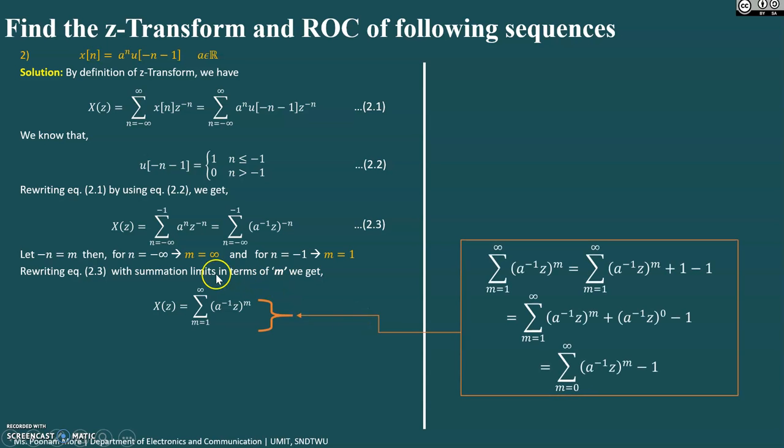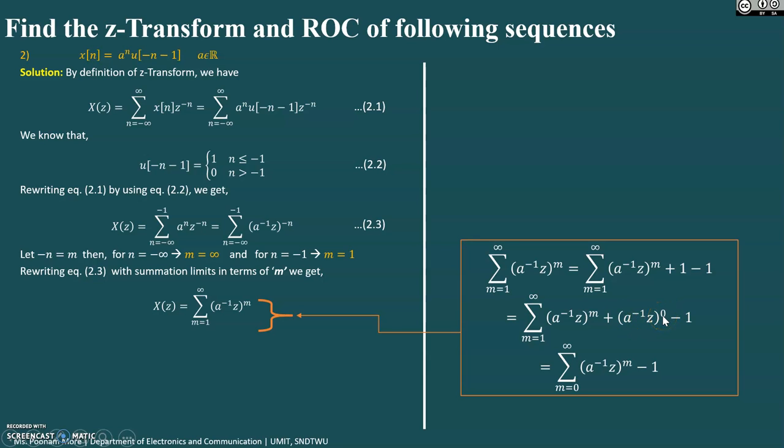This particular summation we can even write in a more convenient form. For that, let's add and subtract the value 1. In this equation, this 1 we can represent as the 0th power of a inverse into z.